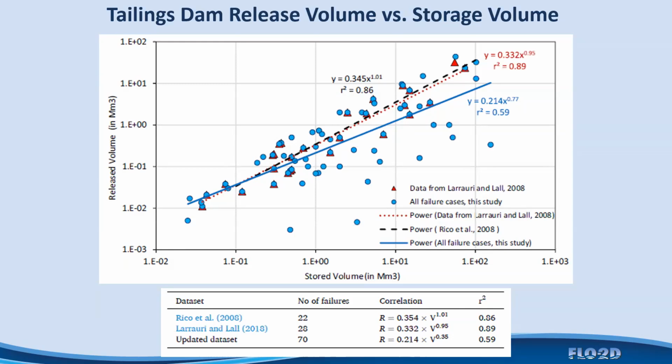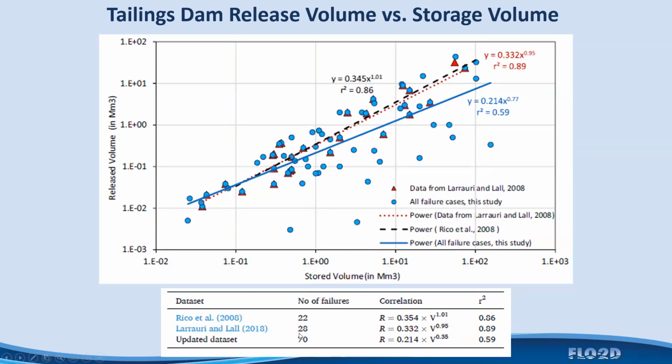So you can see how some of these empirical equations are based on different numbers of failures. They analyzed different numbers of tailings dam failures. Rico et al., for example, analyzed 22 failures and provided this equation that you can see in my table. And this is in this paper also.